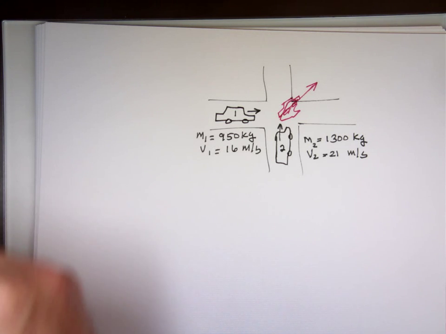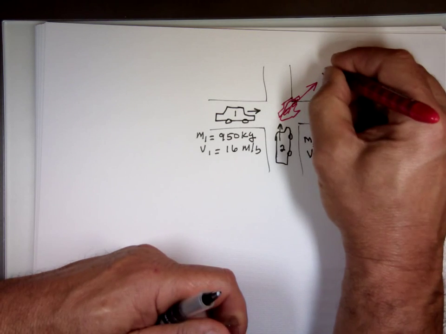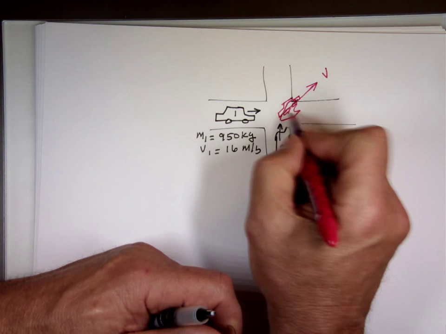The two of them stuck together. Let's find the velocity here, how fast they're going to be moving, and also the direction, theta. What's that angle?